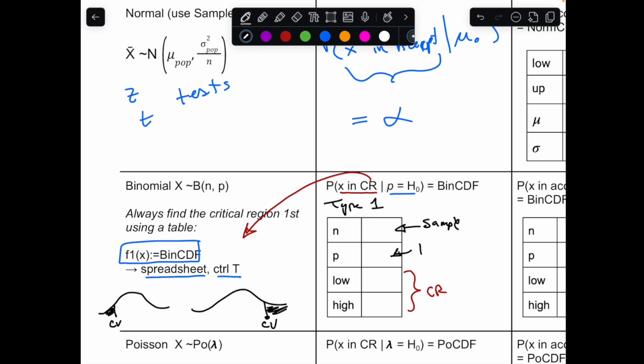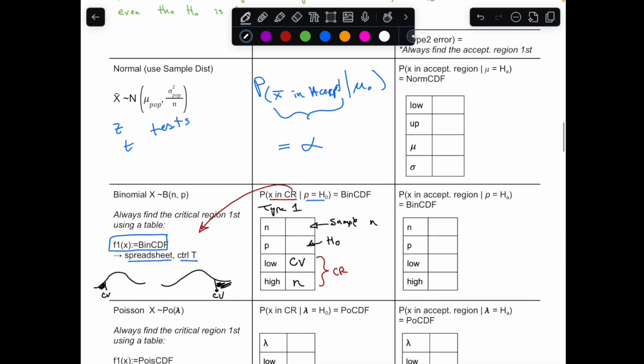You're going to enter the null hypothesis claim for the proportion of success. Your critical region, if you're doing a lower tail test, would be 0 up to your critical value. If you're doing an upper tail test, then your critical region is that critical value up to n, which is your sample size, okay?